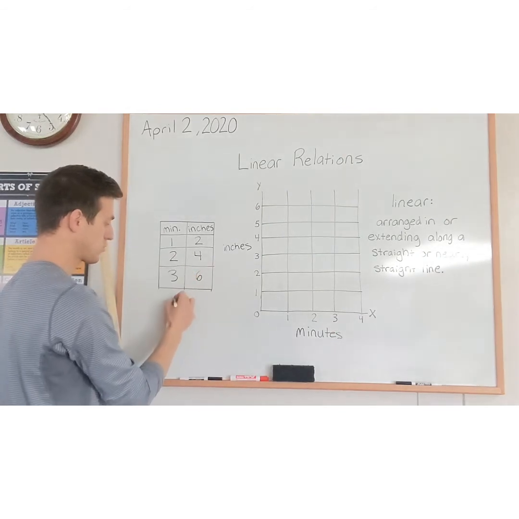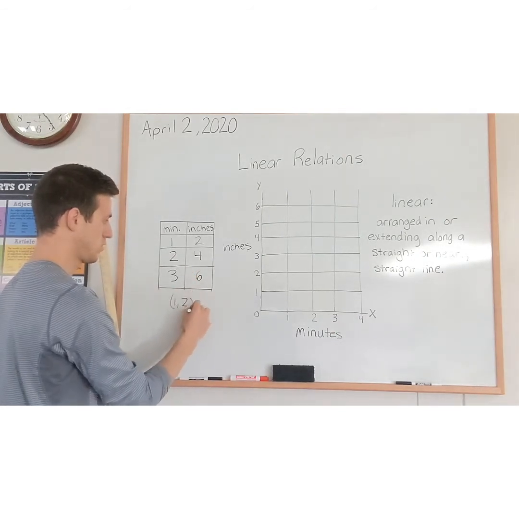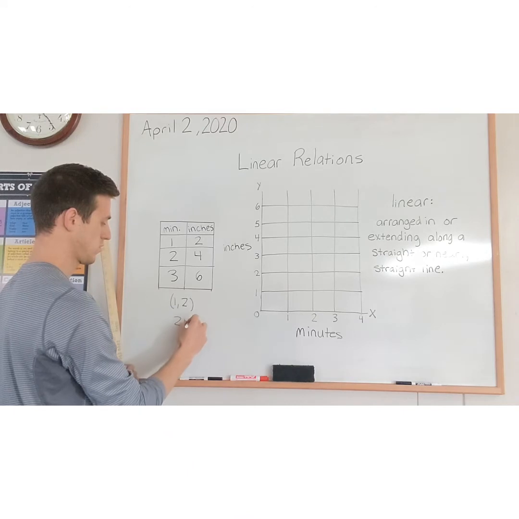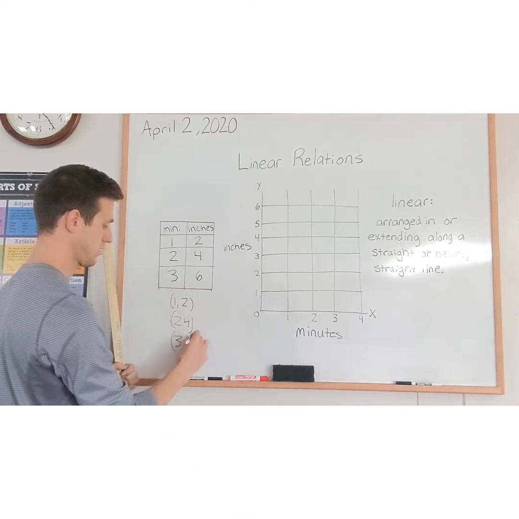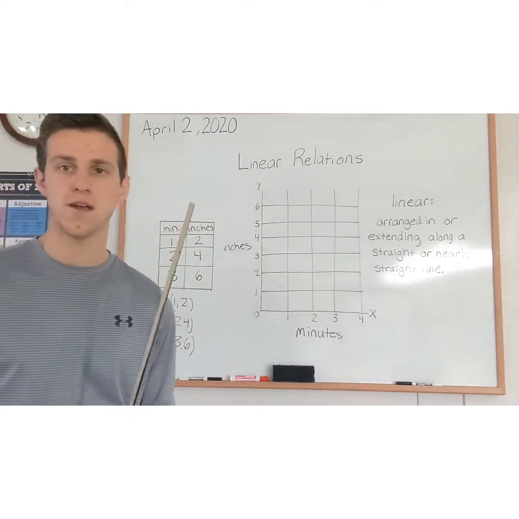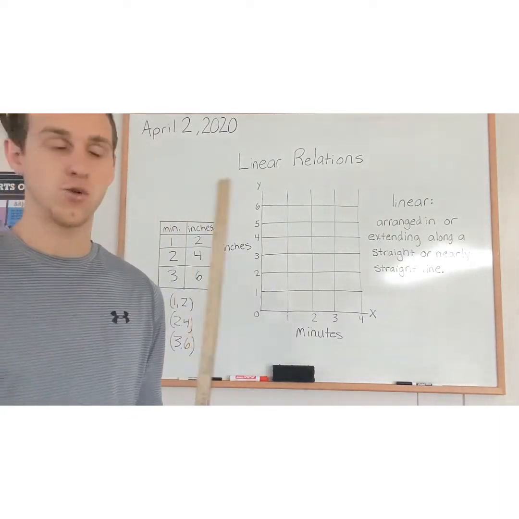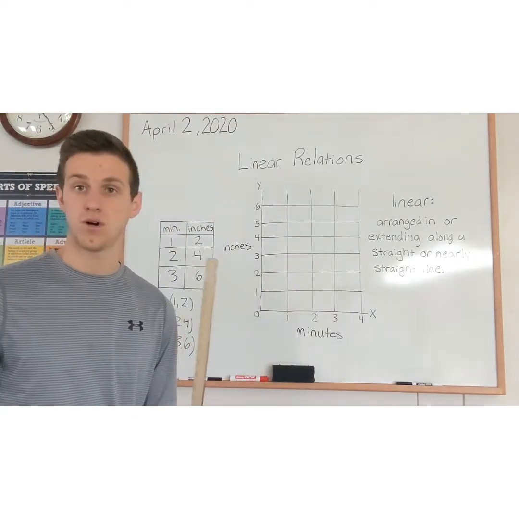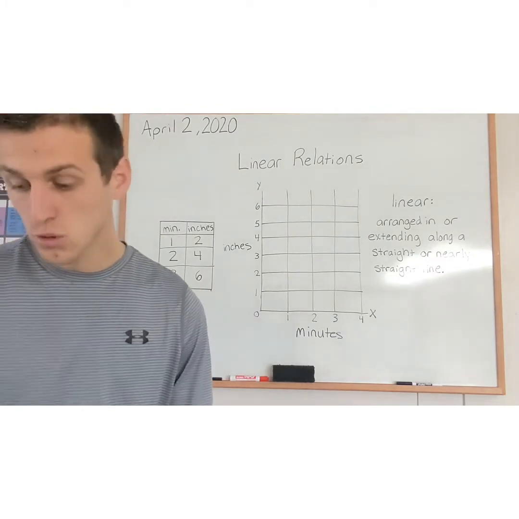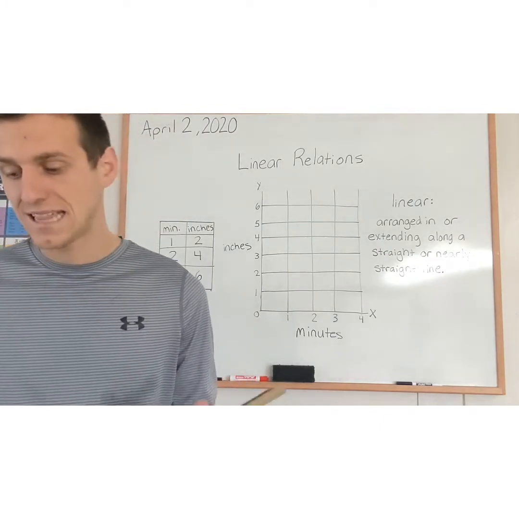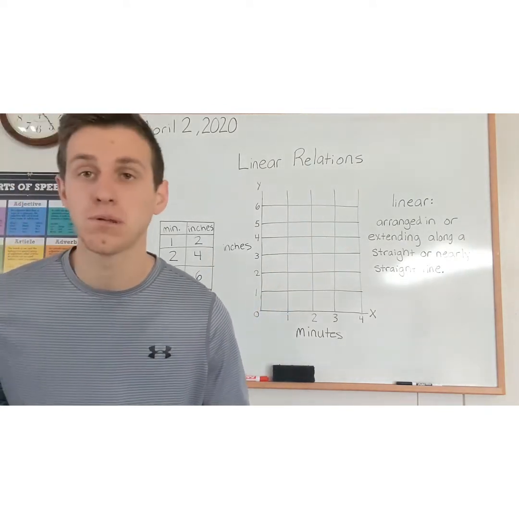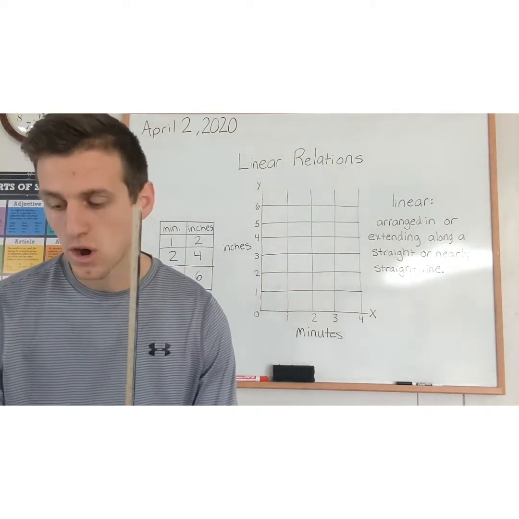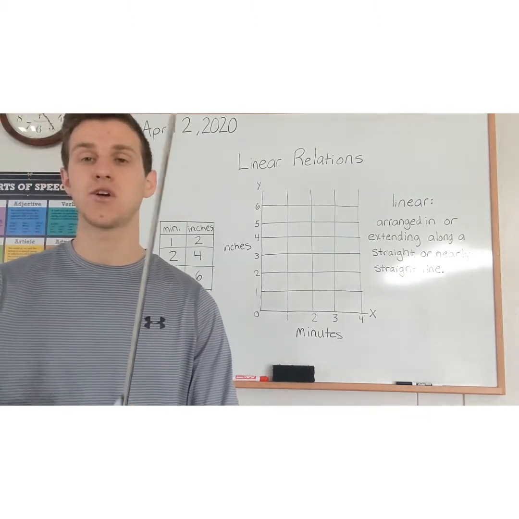So we could have the ordered pairs of 1 and 2, 2 and 4, and 3 and 6. All right, so we have these ordered pairs. Now, we can graph these on our coordinate plane. These ordered pairs can be shown as a line of plotted points on a coordinate plane. This is why it is called a linear relationship.